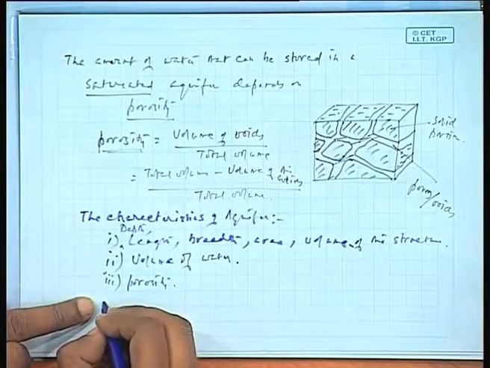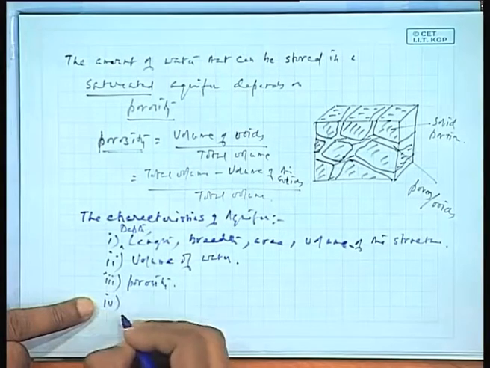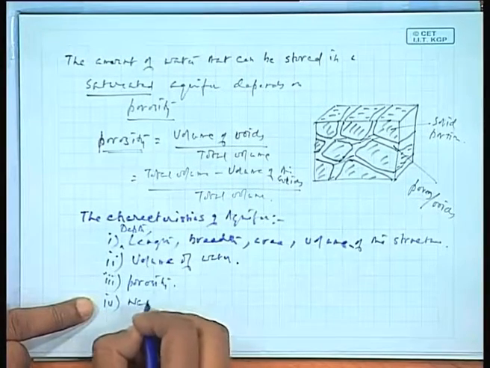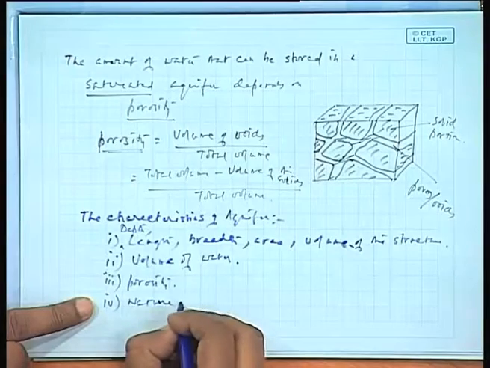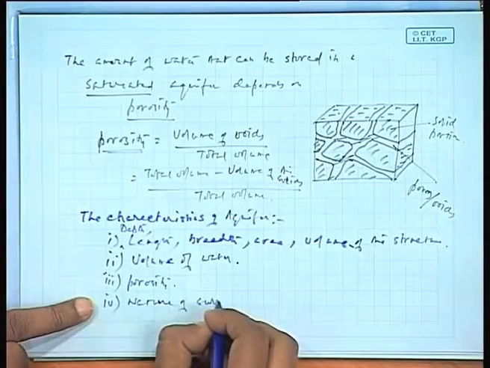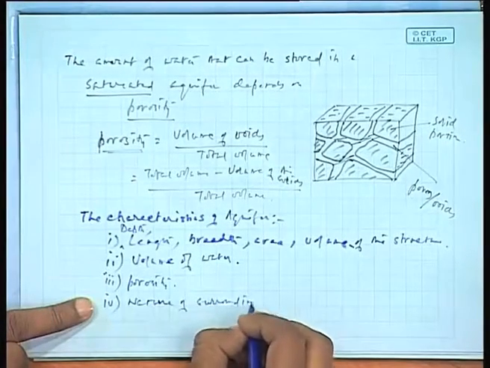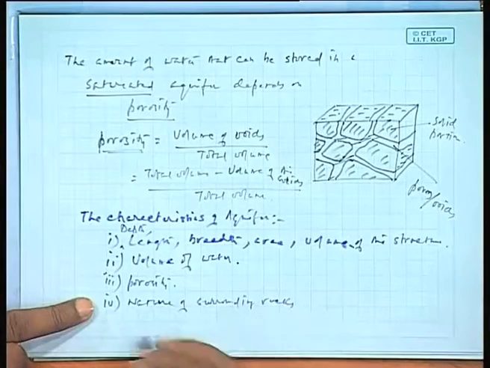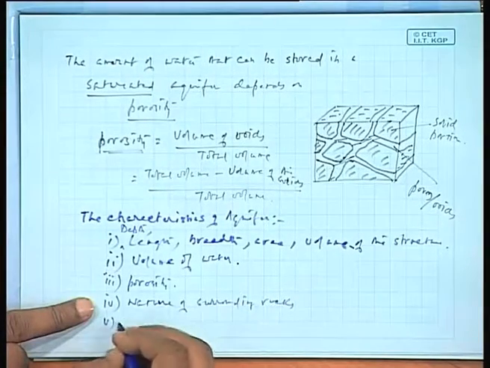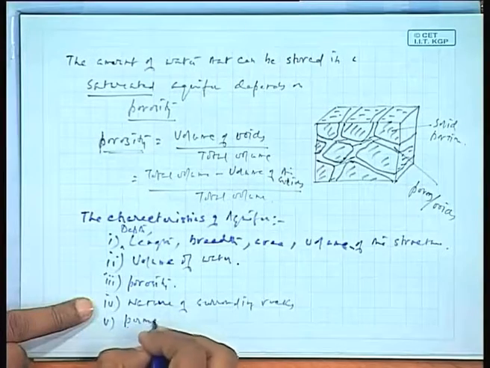Nature of surrounding rocks. In the nature of surrounding rocks, one very important thing is the permeability of the rock structure. Permeability is one important thing.